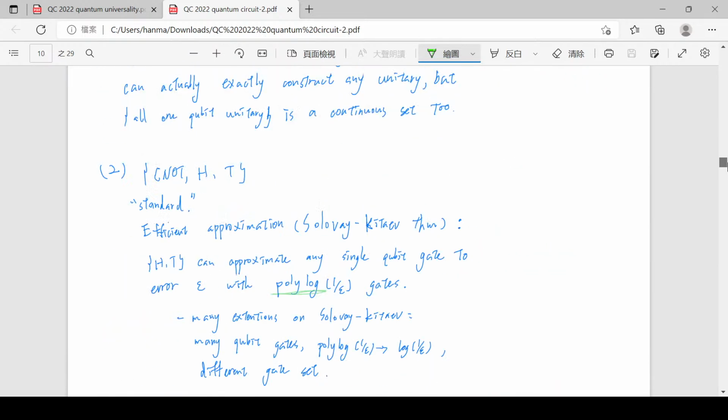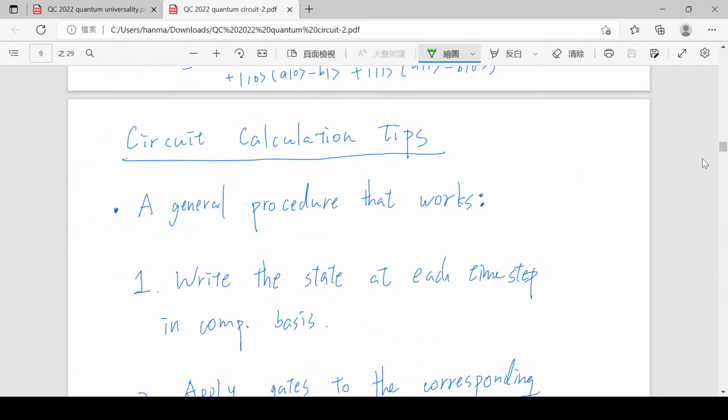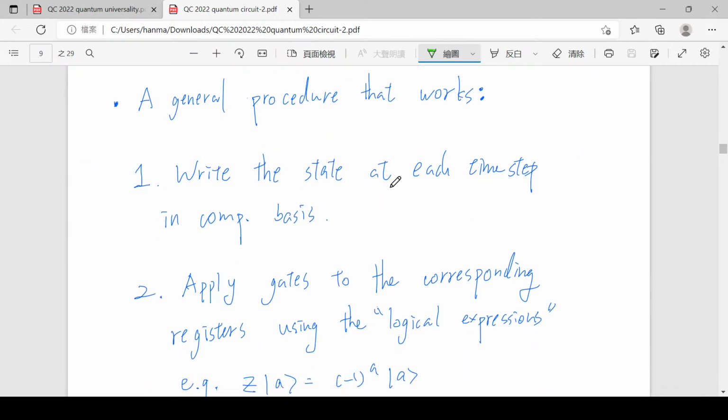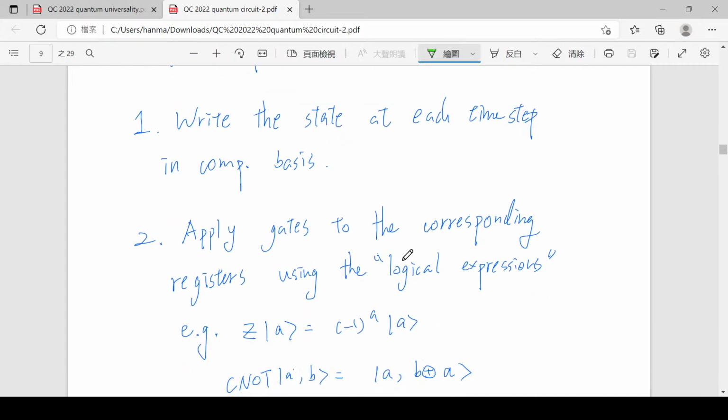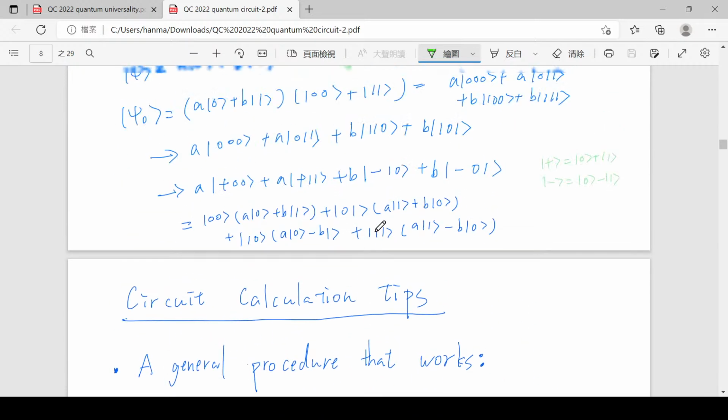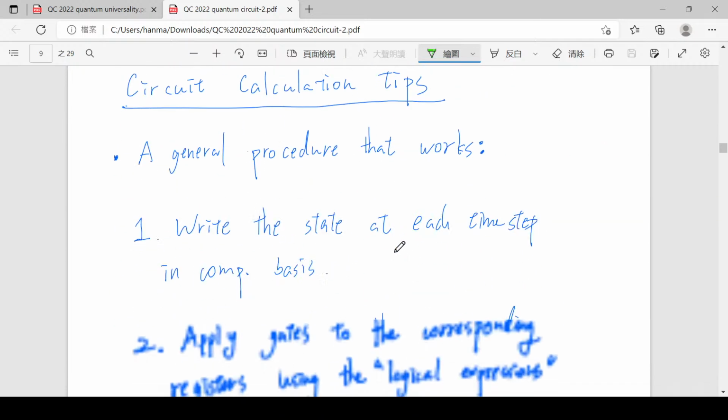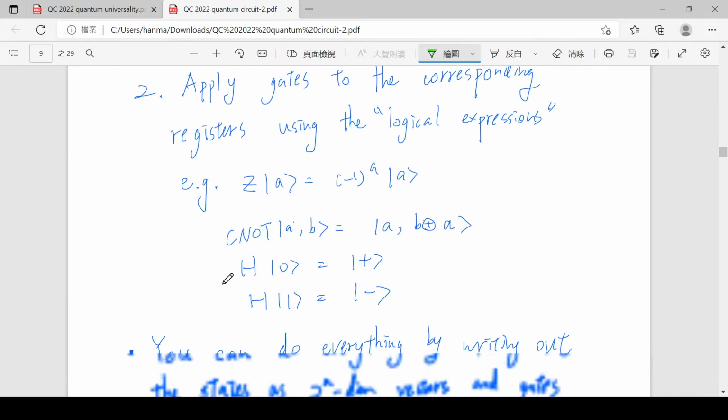In general, we just write down all the classical information, so we write down the state at each time slice in the computational basis. And then we apply the gate onto the computational basis state.